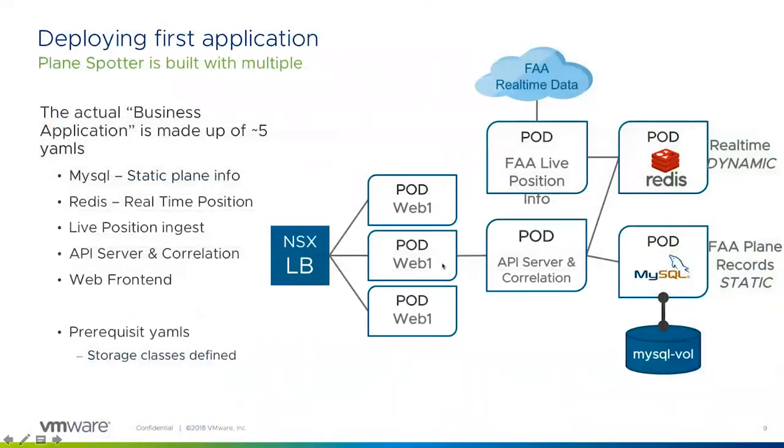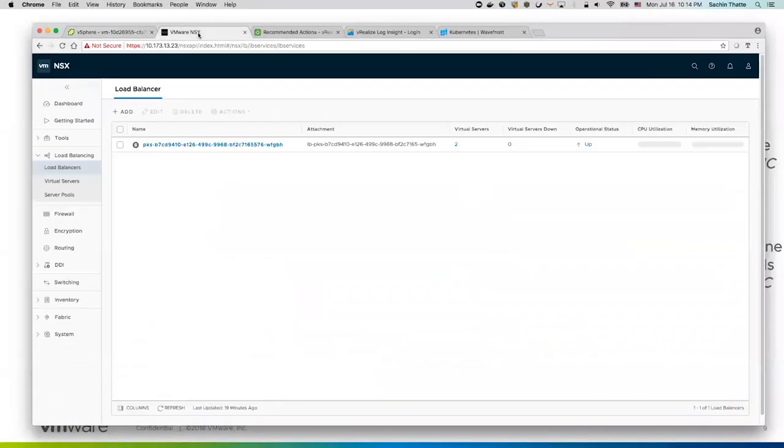It starts with the load balancer, which got created automatically when we deployed the cluster. And the way that load balancer looks, once you go inside NSX and you go in load balancer, it deploys one load balancer per cluster. So this is telling you that because we have only one load balancer, that means we must have only one cluster.